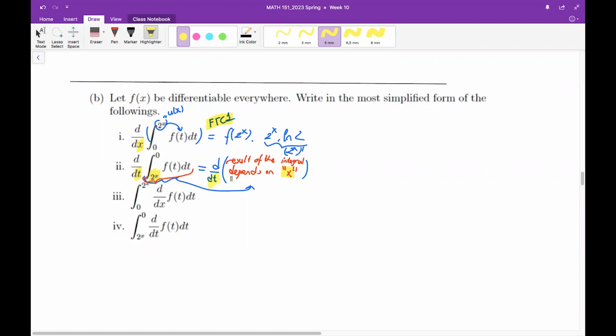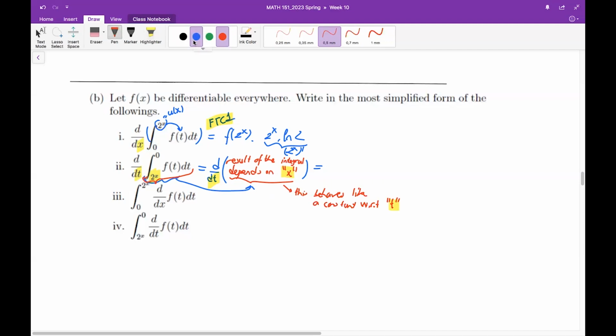Then, look at here. You are trying to take the t derivative of something depending on x. What do you think about this? This behaves like a constant with respect to t because it doesn't contain any t inside. If you are taking the derivative of something depending on x with respect to t, it will just behave like a constant.